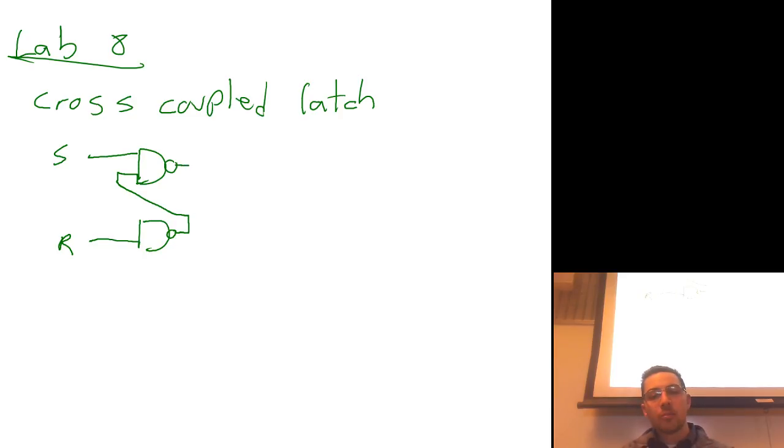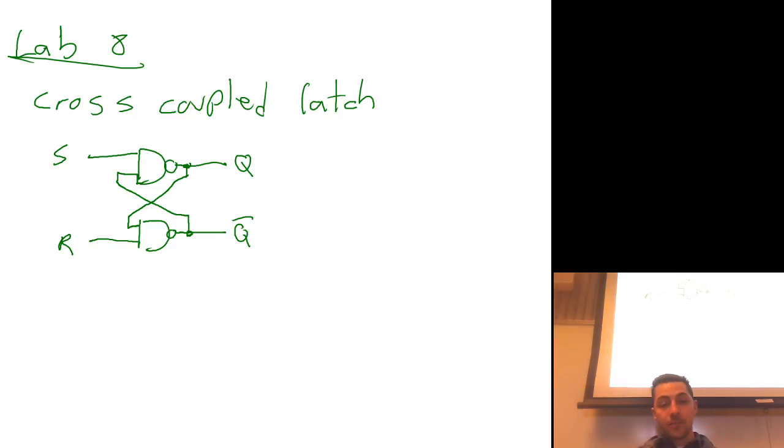And you're going to take the output of the first one, and bring it over there. And you're going to call these outputs Q and Q bar. That's it. That's all you have to build. It's 4 wires. Okay?